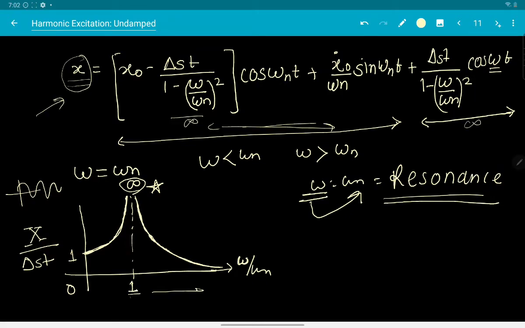So x goes to infinity, whatever the amplitude of the forcing f0, however small it can be. Still, this response x, the displacement of the mass, is going to build up to infinity.